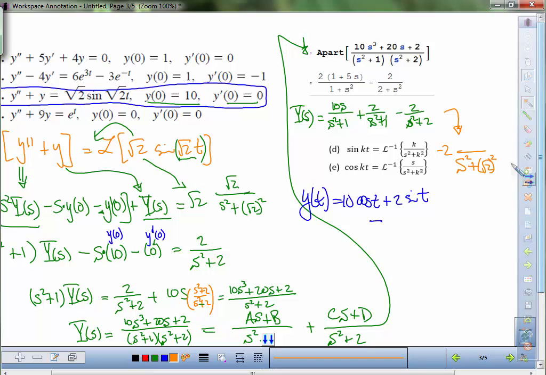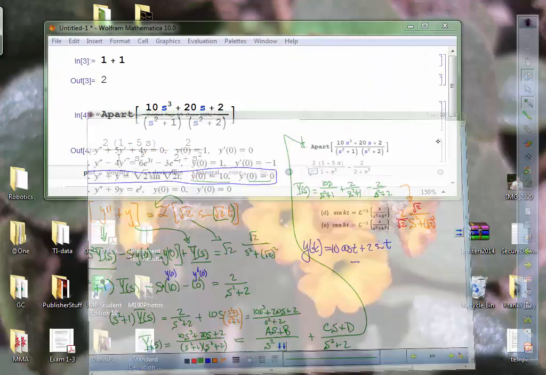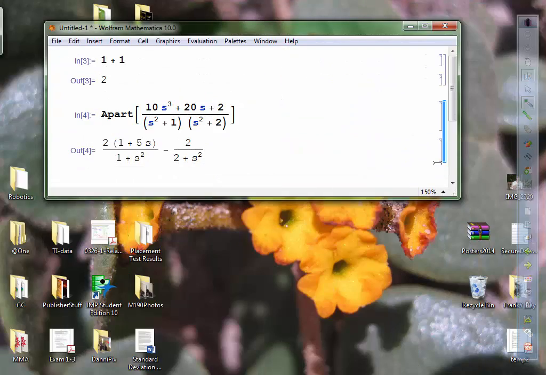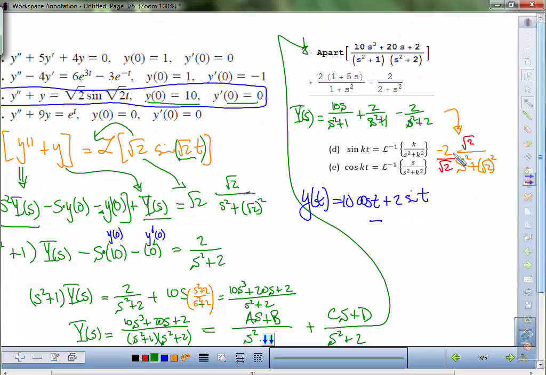Right? Now look at this trick. That's not a trick. I want this to have a matching k on top. So if I just multiply the top and the bottom by k, then I would match. So guess what? That's my constant out there.